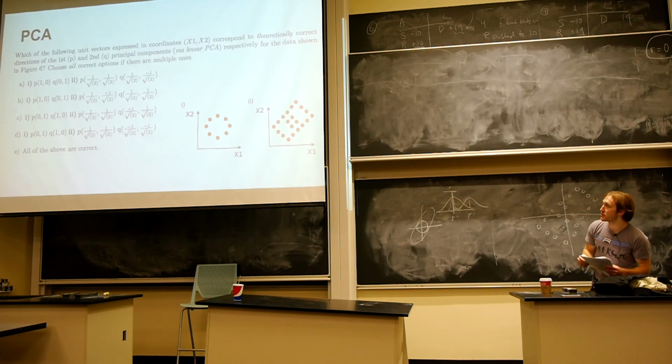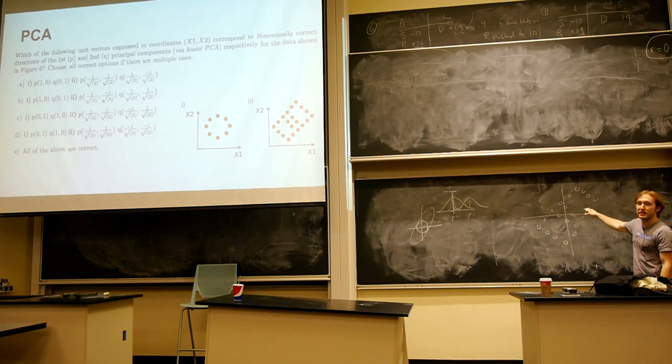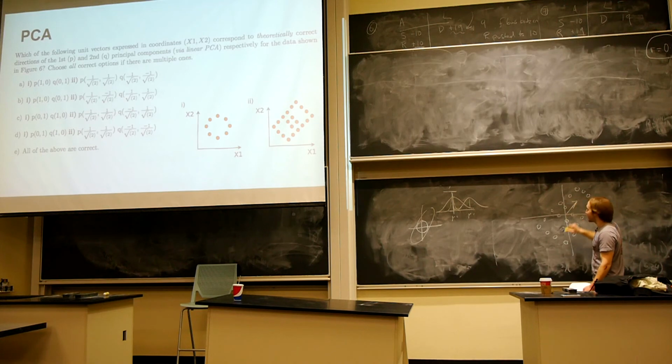So if we're just looking at the first two principal components, can someone tell me a vector that could represent the best projection that would explain the most variance of the data in this diagram for part 2? Someone give me just a direction of an arrow. I see people saying diagonal like this. That's right.